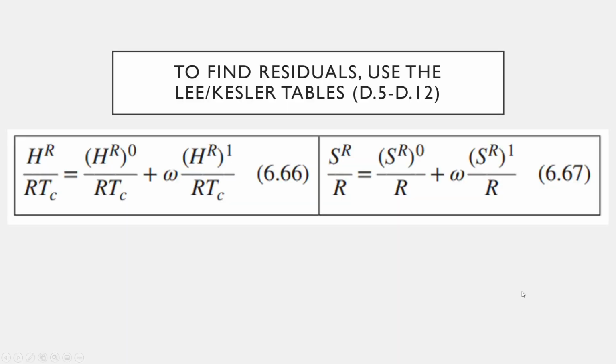So in order to find these residual values, we're going to be using the Lee-Kesler tables because we want to practice our interpolation skills. So we're going to be using omega and these different values that we can look up inside of these tables, and using equations 6.66 and 6.67 to relate them.